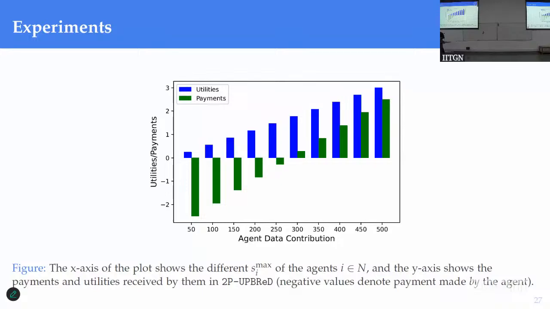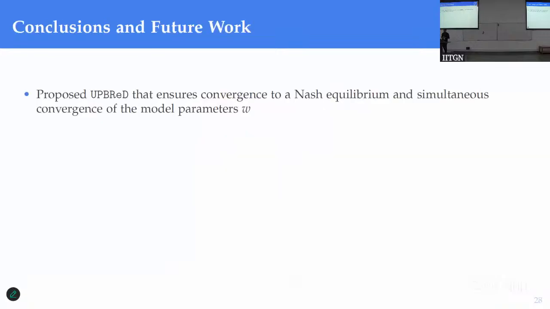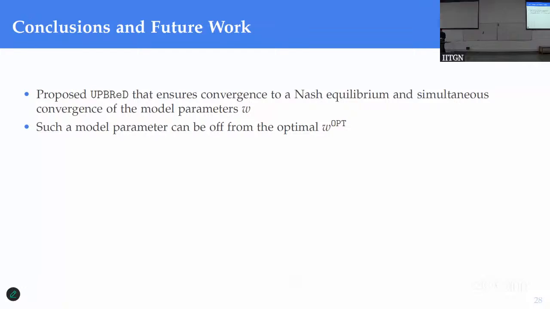To summarize what we have seen: we proposed the first algorithm, updated-parameter best response dynamics, that converges to the Nash equilibrium and simultaneously learns the parameter W as well as converges to some S, but that S might not be the desired S, and therefore the W that we learn is far from W opt.